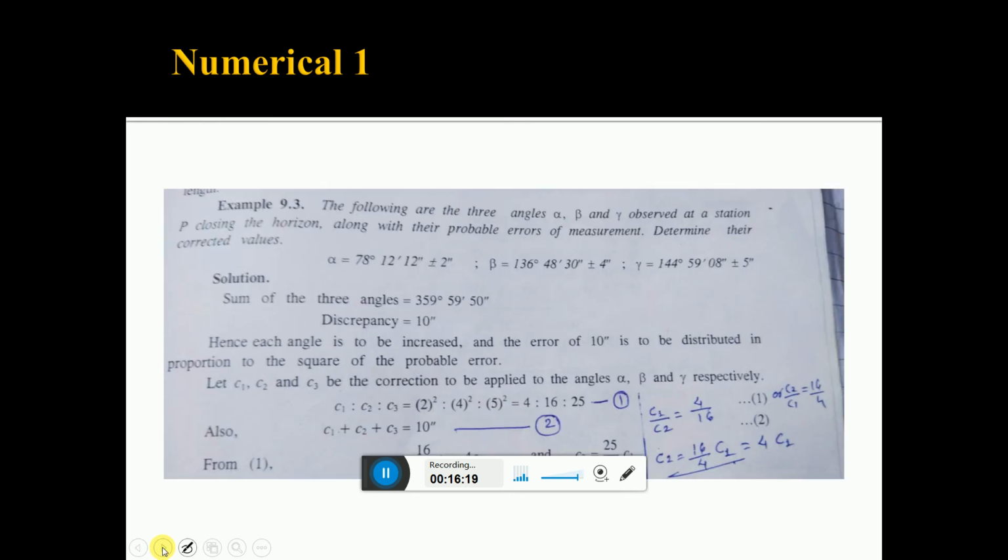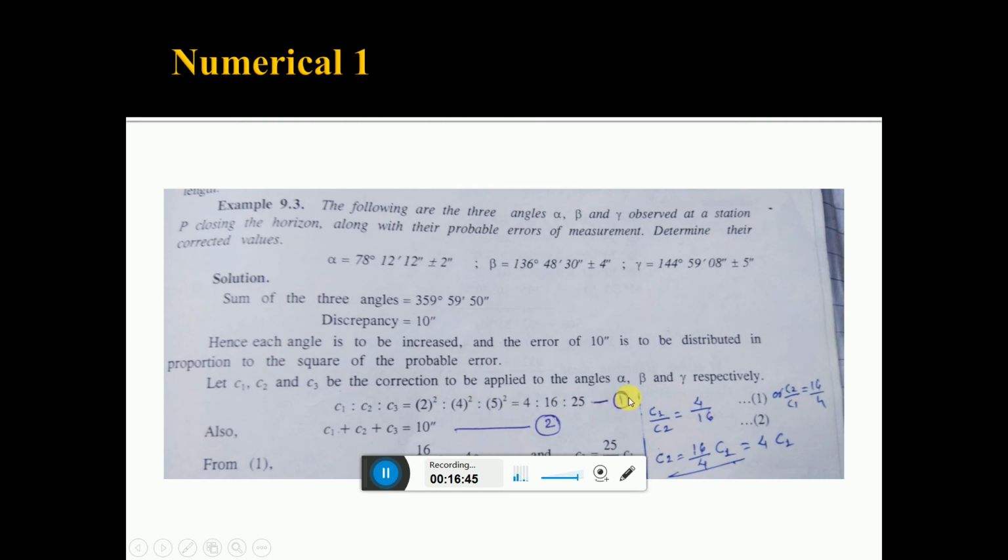So we can write, let C1, C2 and C3 be the corrections to be applied to the observations alpha, beta and gamma respectively. According to the rule, corrections to be applied are directly proportional to the square of the probable error. So C1 : C2 : C3 is equal to 2 square, 4 square and 5 square.